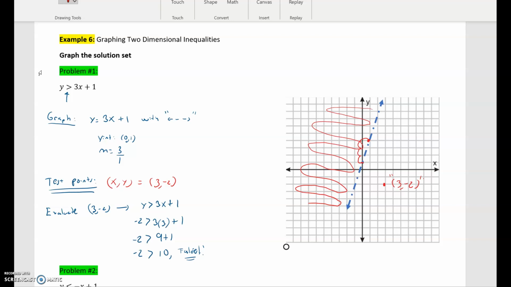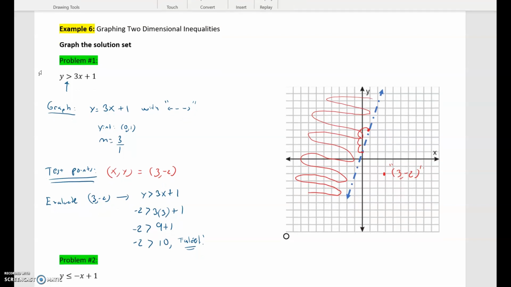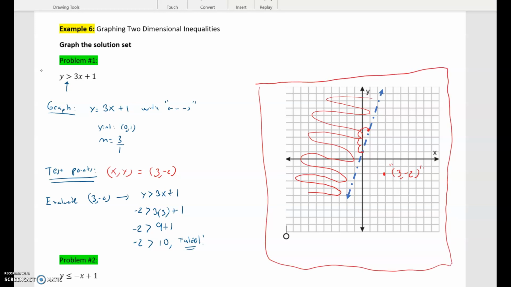So your solution, it's technically the line, and then also the shading portion that we're doing. In this case, this shading that I'm doing here means that you're basically graphing or selecting all the coordinate points above the line.